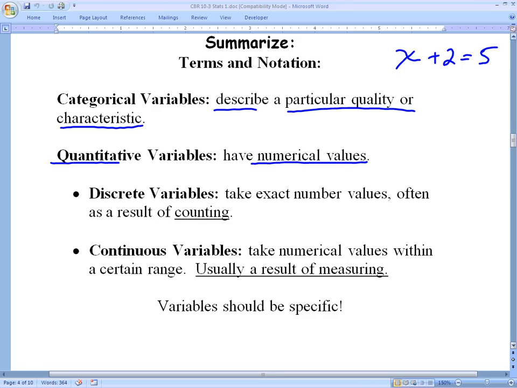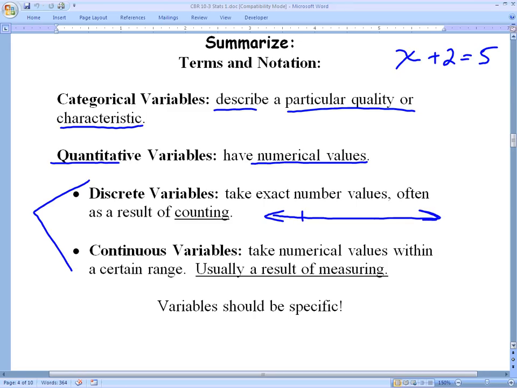When it comes to quantitative, this is a math class, so the numeric variables we break into two different categories. Discrete variables. These are usually counting numbers, often whole numbers. They don't have to be whole numbers, but they often are the result of counting, and they don't include every possible value, such as when we're talking about a number line.